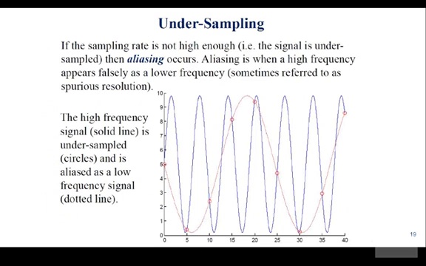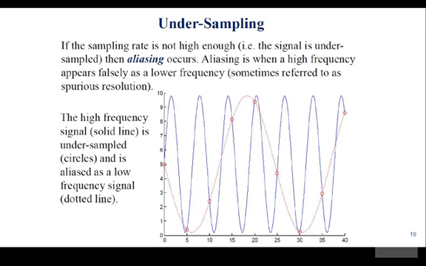A sine function is a very simple way to understand this. The blue line there is some oscillating signal, and here there are no units on the axis, but we have a sampling interval of 5. To represent this signal, if you know that it is a sinusoidal function, we can plot a sine through these points, but the frequency of this is not a true representation of the actual sine signal.